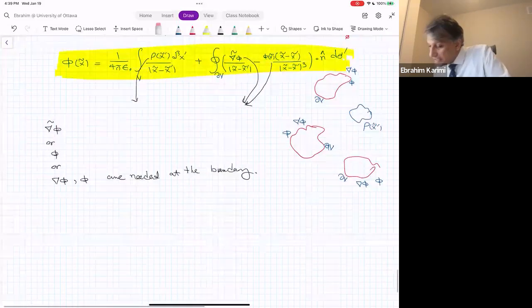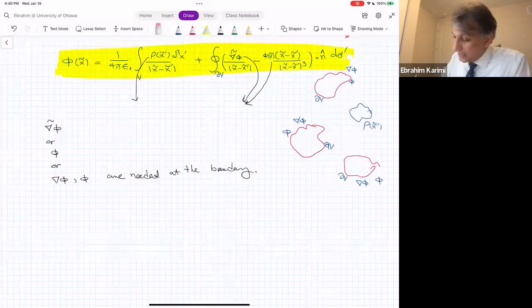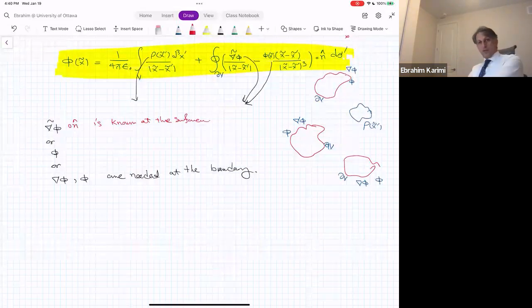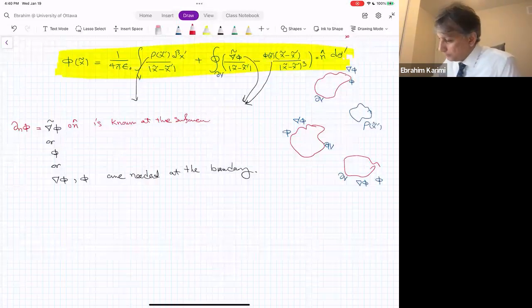Okay, so now I listed three cases for you. When the gradient of phi dot n is known at the surface, or, let's write it this way, when the derivative with respect to n of phi is known on the boundaries, we call this problem Neumann boundary condition.